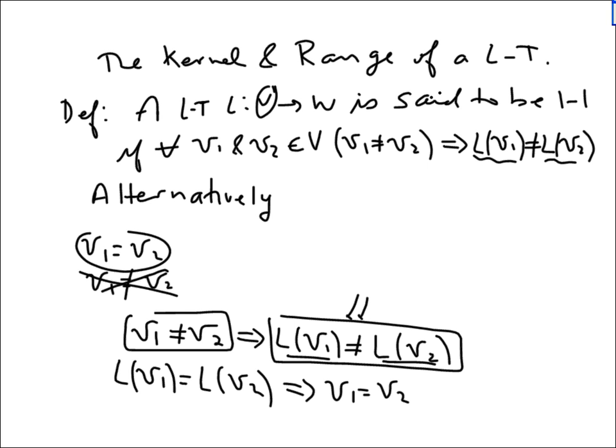Either the two vectors are equal or they're not equal to one another. Alternatively, L of V1 equals L of V2 implies V1 equals V2.